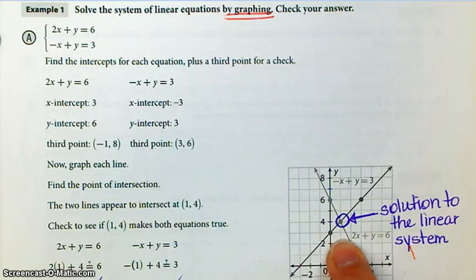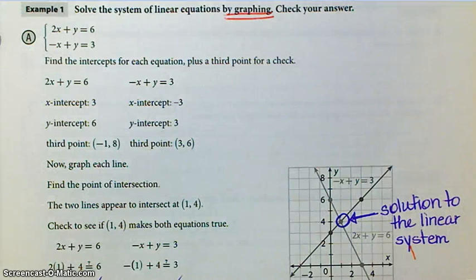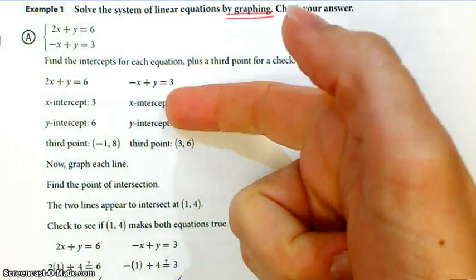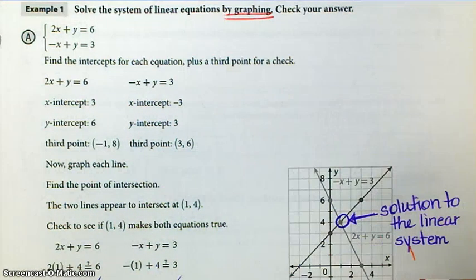So that's what they did down here. Like I said, I'm not real sure why they gave you a third point, although you could pick an x or a y and solve for the corresponding other variable. But anyway, take at least your x and y intercepts, graph the line.